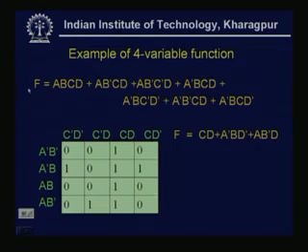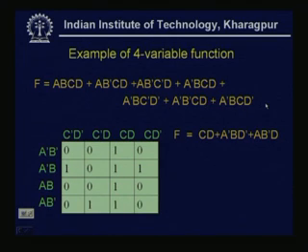See, the 4 variables are a, b, c, d, and this is the function given: f is a, b, c, d plus a, b bar c, d, a, b bar c bar d plus a bar b c, d, a bar b c bar d bar, a bar b bar c, d, and a bar b c d bar.